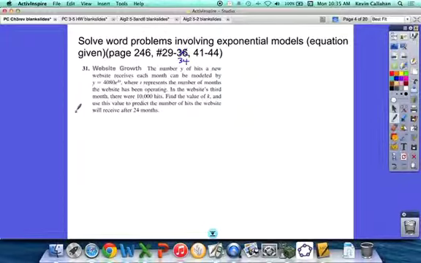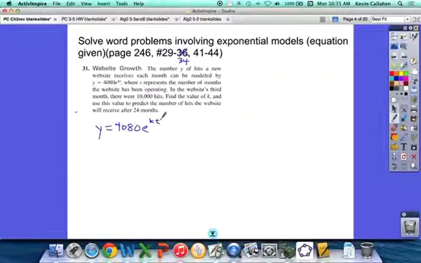But let's see. The number y of hits a new website receives each month can be modeled by, and they give us an equation, y equals 4080 e to the kt, where t represents the number of months that the website has been operating.